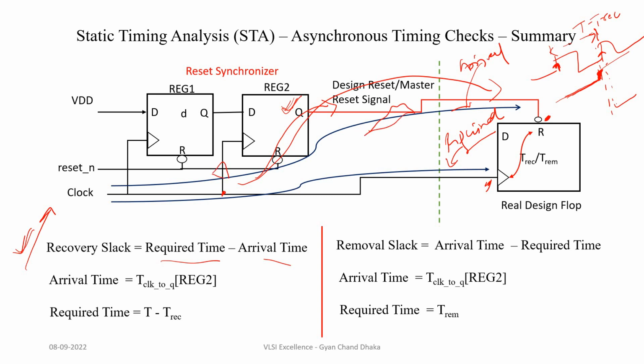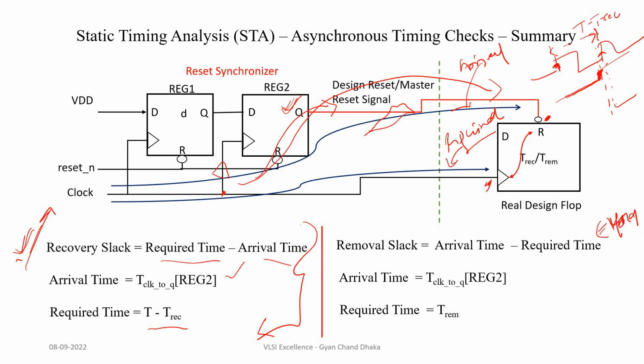So our arrival time will be T clock to Q delay. And what will be our required time? Our required time will be similar to setup time only, where it will be T minus T recovery. In the case of synchronous setup, the required time was T minus T setup. So this recovery slack equation is very similar to the setup equation, and similarly the removal slack equations will be similar to our synchronous hold equation.